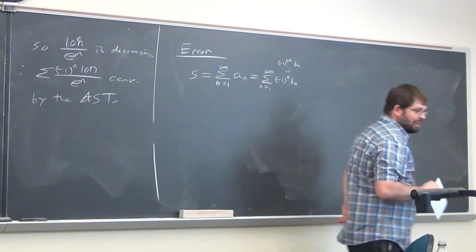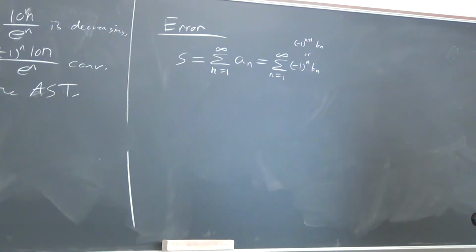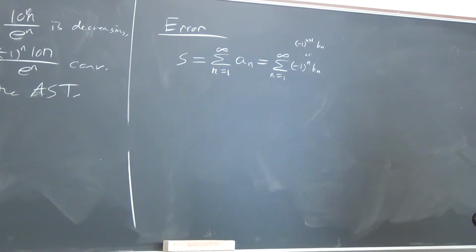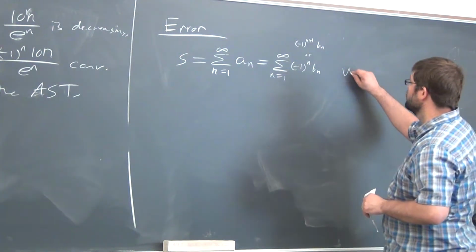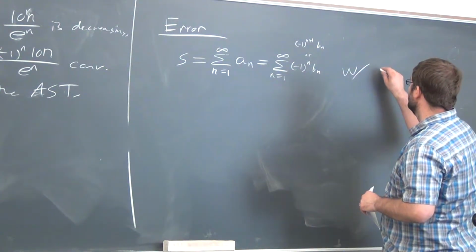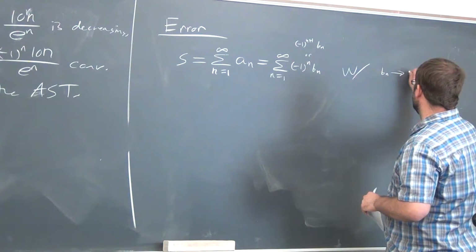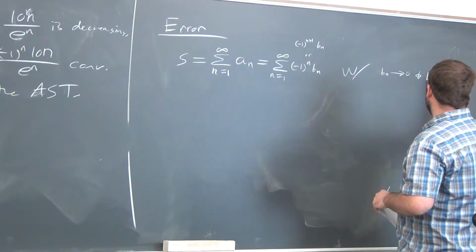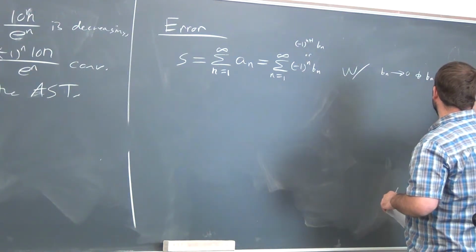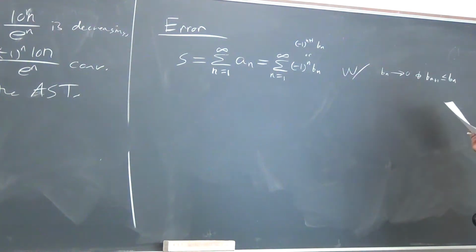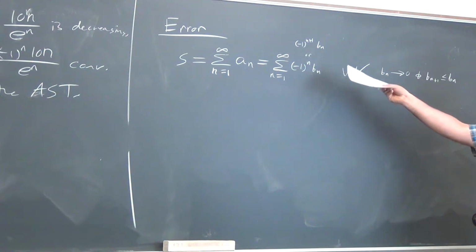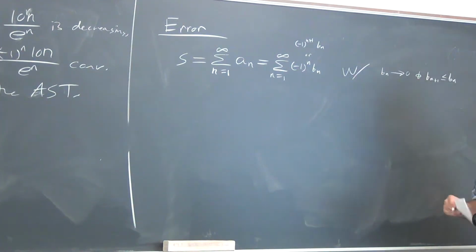Okay, so everything I'm going to write down is assuming we have an alternating series that satisfies those conditions, with A sub n going to 0, and A sub n plus 1 less than or equal to A sub n. So you've got a decreasing sequence with the terms going to 0, and then it's the alternating version of it, right? So assume you have that set up, okay?